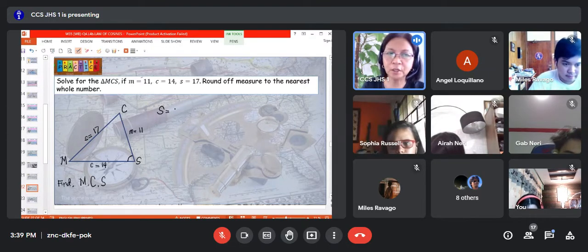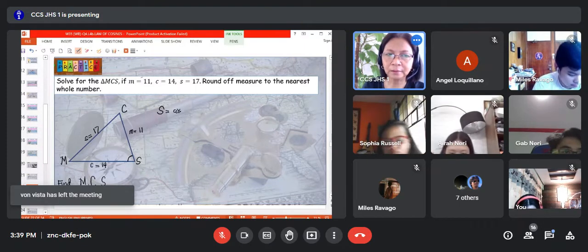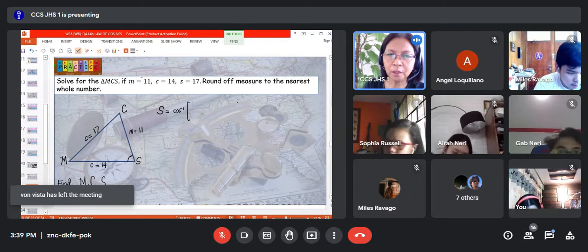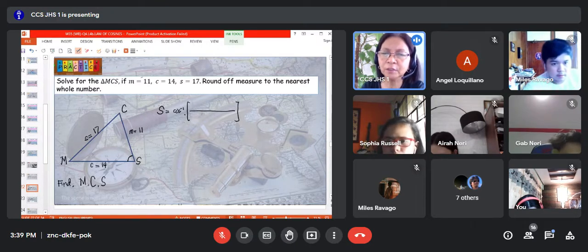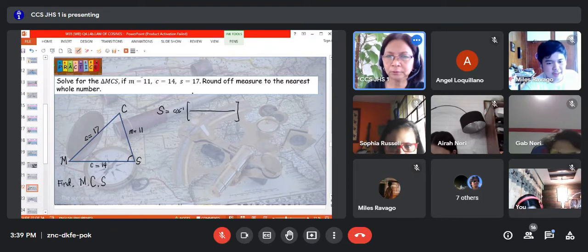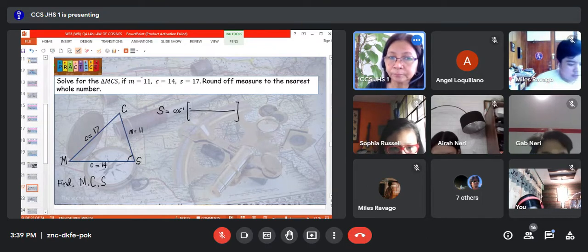You have the inverse cosine, right? Inverse cosine of what? Who can give me the formula now? Give me now the values. What will you add first?